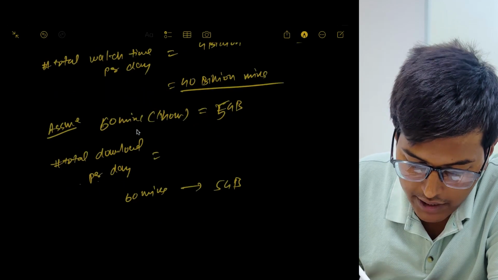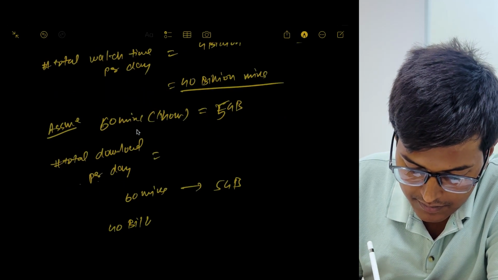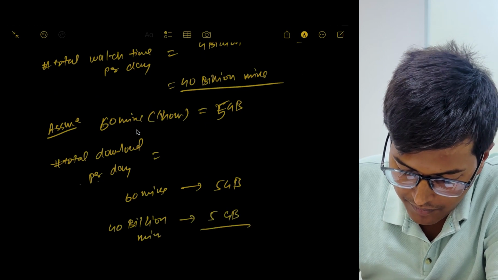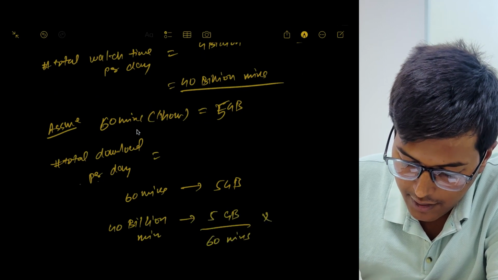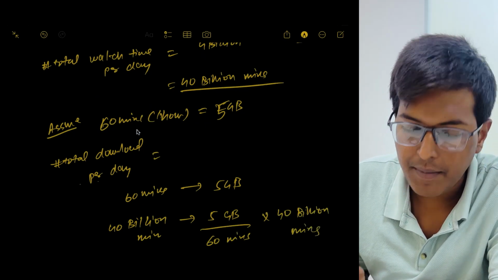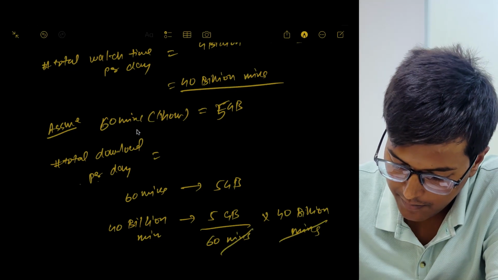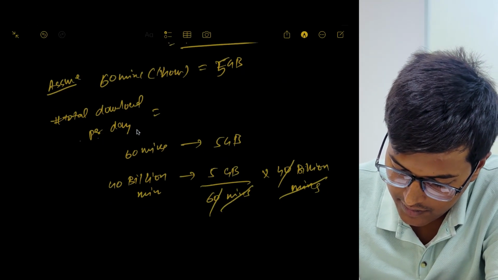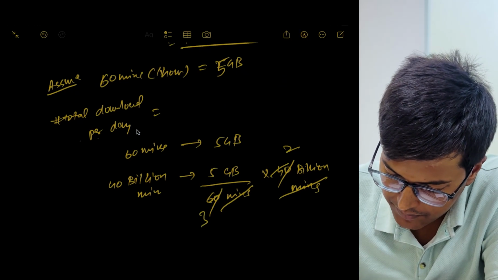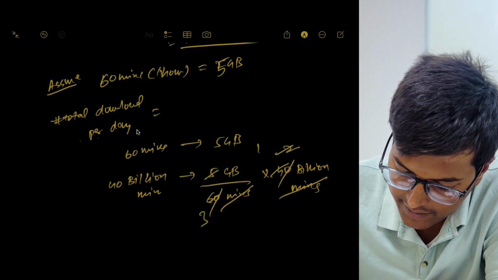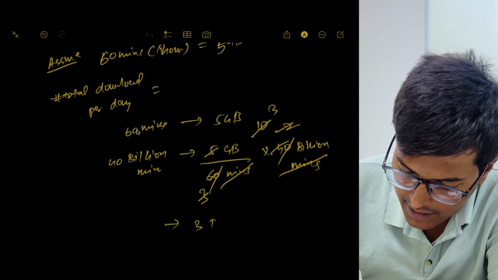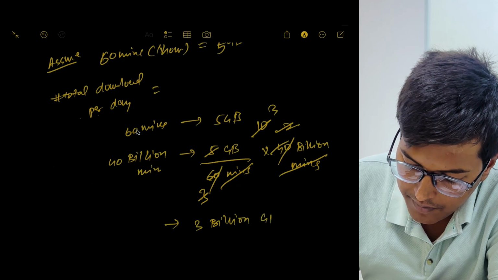So how much will 40 billion minutes take? It will be 5 GB by 60 minutes into 40 billion minutes, right? If you cut minutes by minutes, cut this by this, make it 2, make it 3, right? I'm making this as 10, and this as 3. So it will be 3 billion GB, right?